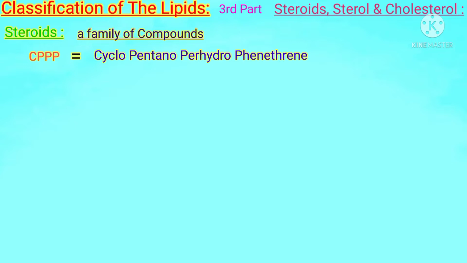They are composed of four fused carbon rings that form a rigid, hard structure. Three of the rings are six-sided, but the fourth ring is five-sided. Dear students, all four rings of a steroid molecule contain a total of how many carbon atoms?